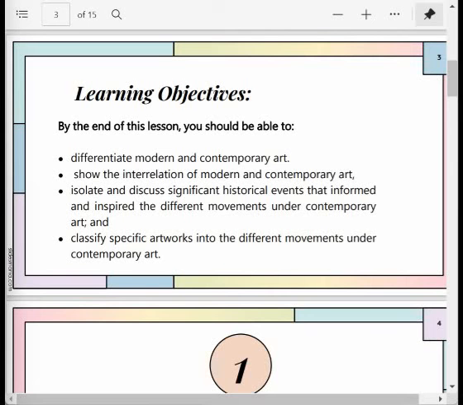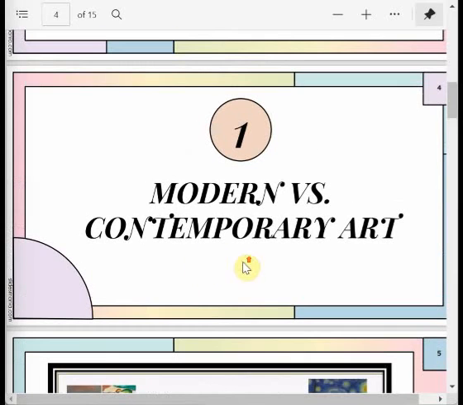Okay? So, first, let us define and differentiate these two terms, modern and contemporary art. A lot of people think that modern art is contemporary, kasi modern and contemporary are considered synonymous, right? In some contexts, it's the same. It has the same meaning. This, however, is not the case when these terms are used in the context of art.